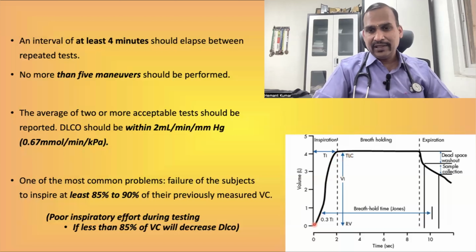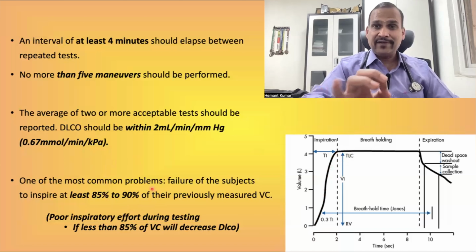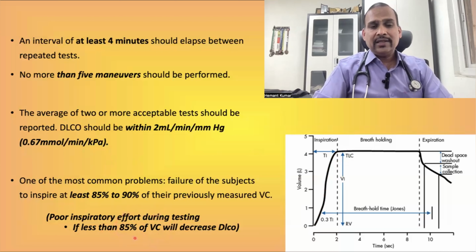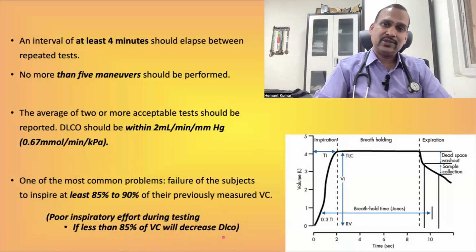Say for example, TLC is 5 liters. So he should take 85 to 90% of his 5 liters, at least 4.5 or 4.6 liters. Poor inspiratory effort during testing will lead to less than 85% of vital capacity, which causes reduction in DLCO.